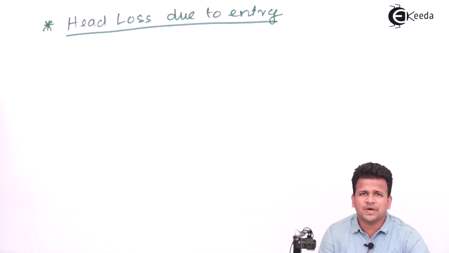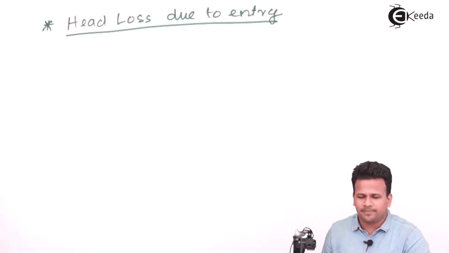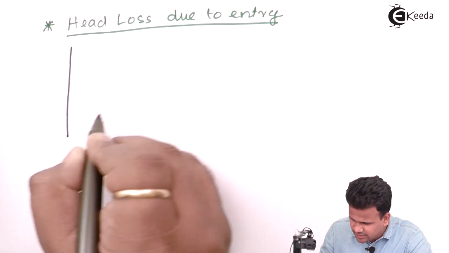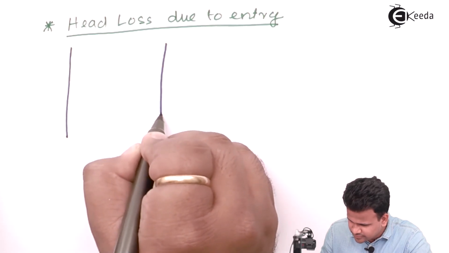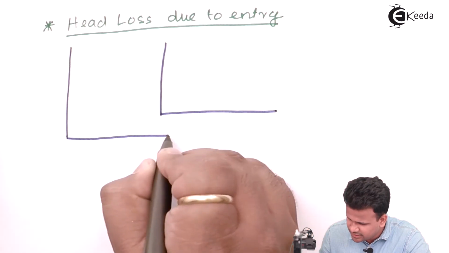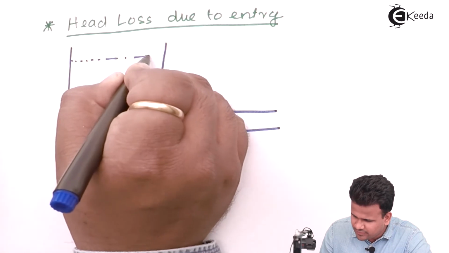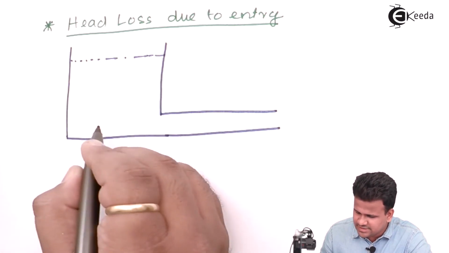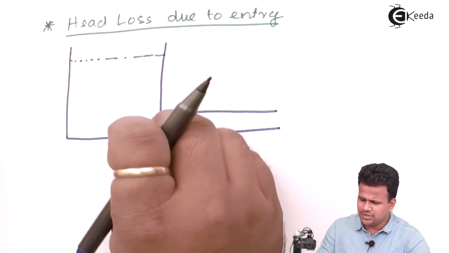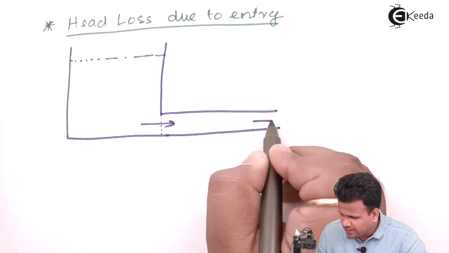So, from a reservoir, the fluid flows from the reservoir to the pipe. Supposing we consider a huge reservoir containing a fluid which is connected to a horizontal pipe. Initially the level of water in the reservoir is here, and over here there is some amount of gate which will open, and then the water will start to flow in this pipe and it will drop down.